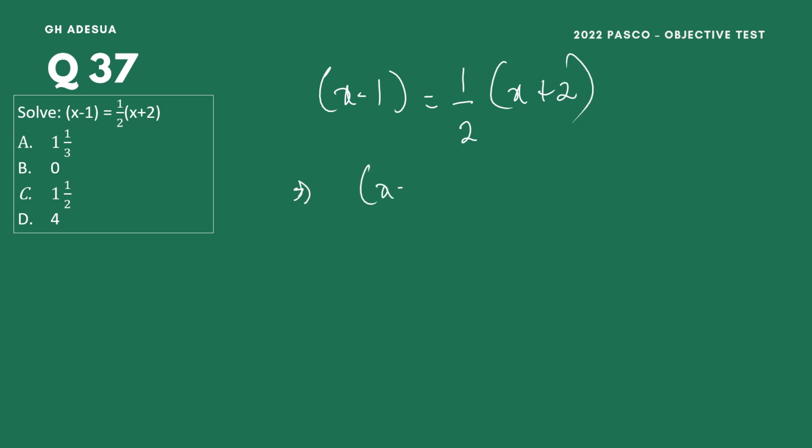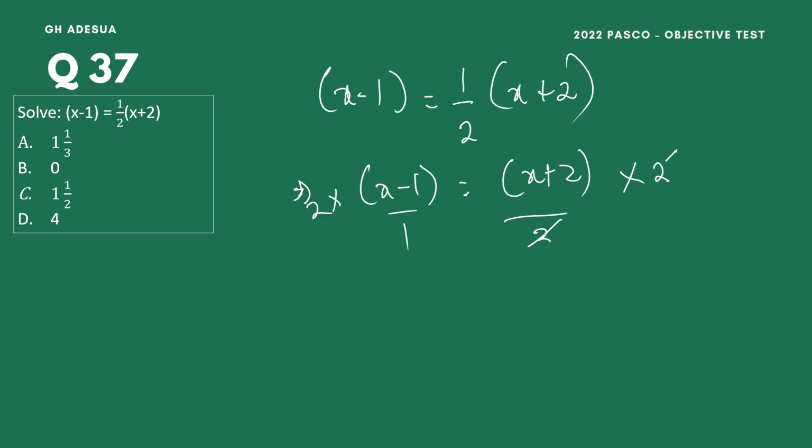We have x minus 1 over 1, and on the other side x plus 2 all over 2. Since we know this, multiply both sides by 2.